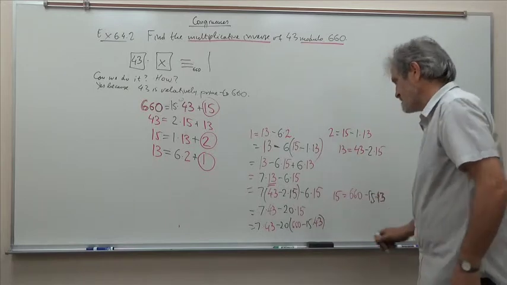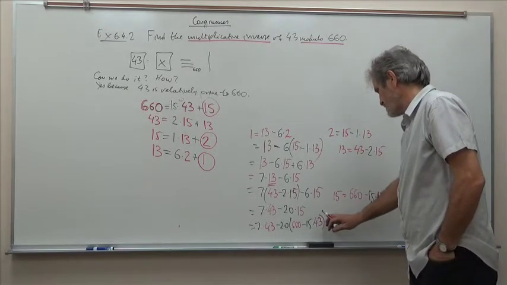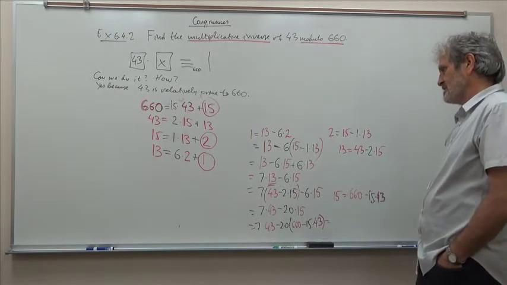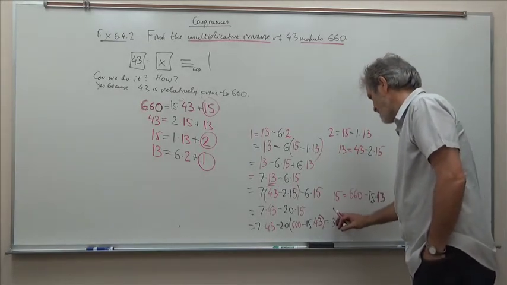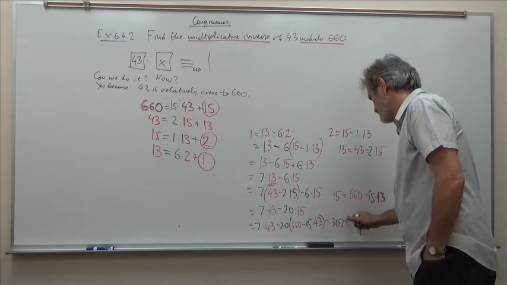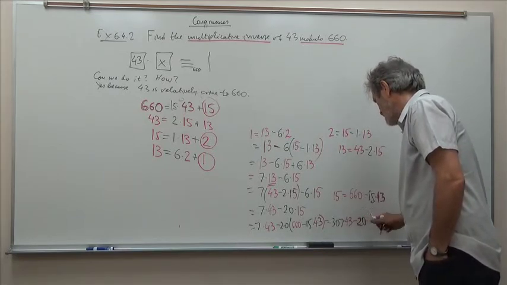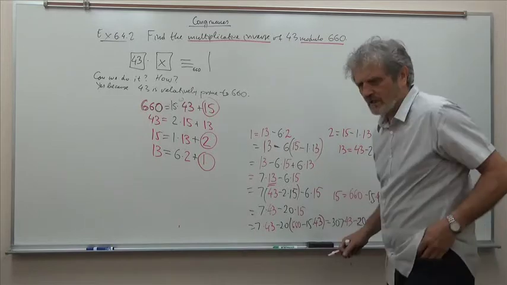And then if I distribute the black numbers on 43, I'll get minus 20 times minus 15 is 300, 307 times 43 minus 20 times 660. Let me check my calculation.